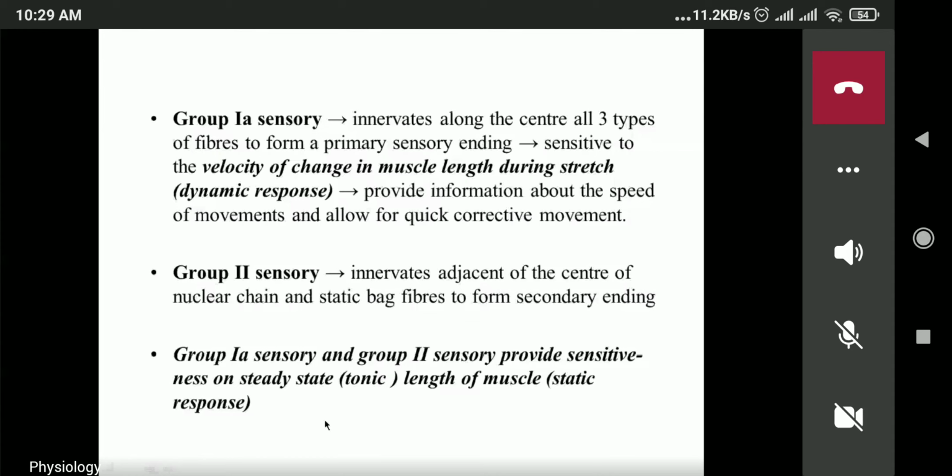That means suppose you are holding a bag, not moving your hand, not flexing, not extending, the same position. At that time, Group 1A, Group 2, both sensory are working. Am I clear? Static response. Am I clear?